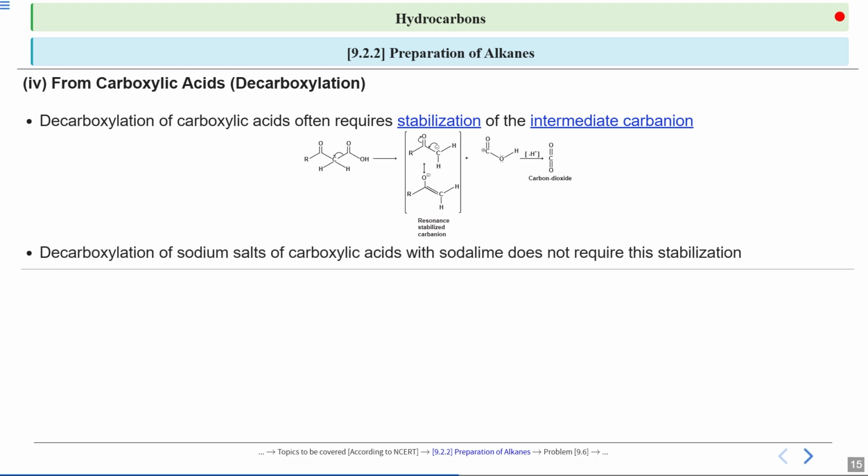Is it clear? So decarboxylation of sodium salt of carboxylic acid with soda lime does not require this stabilization. So if you are forming the sodium salt, then you don't need this stabilization. But if you are forming it without this sodium salt, you need to stabilize the negative charge on the next carbon, which is after your carboxylic acid group.